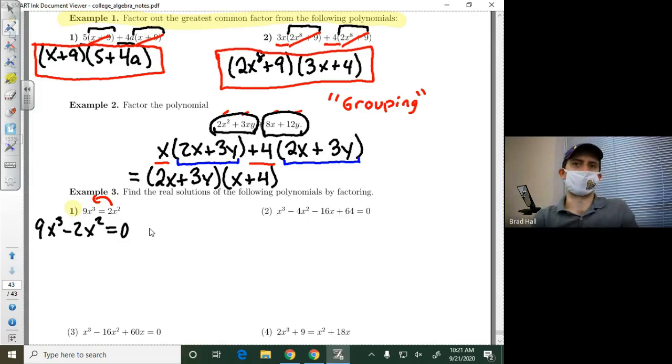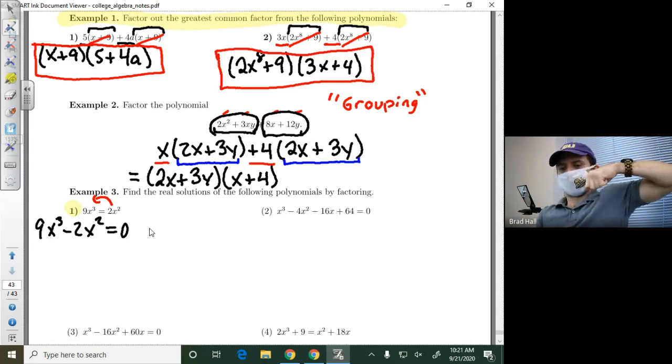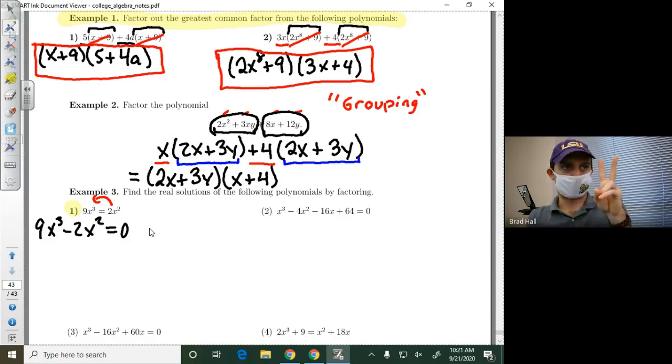And this is helpful for factorization purposes, or factoring. Now we do not have 4 terms. We only have 2, which means we don't use grouping. We don't have to. So instead, we see that both terms have something in common. They both seem to have 2 x's in common, an x squared, that is.